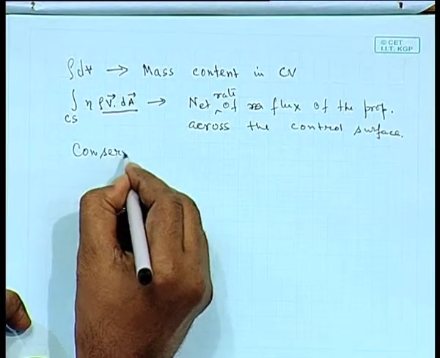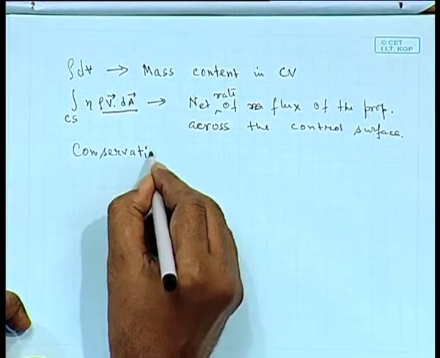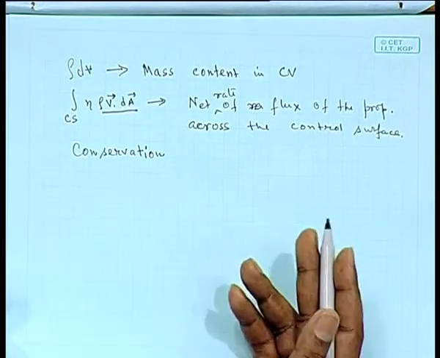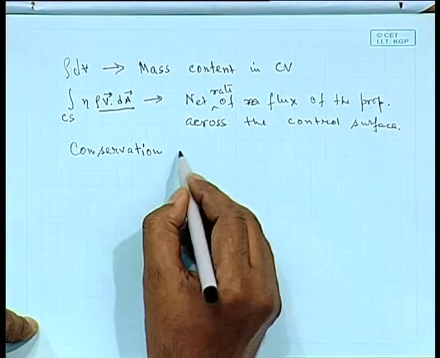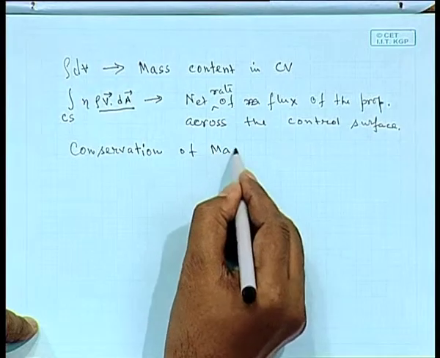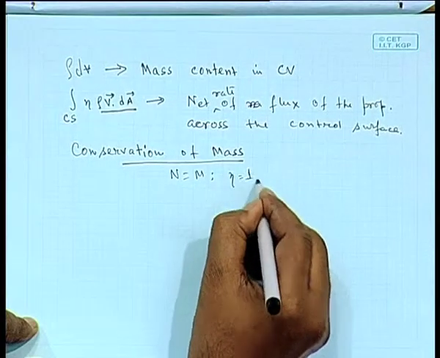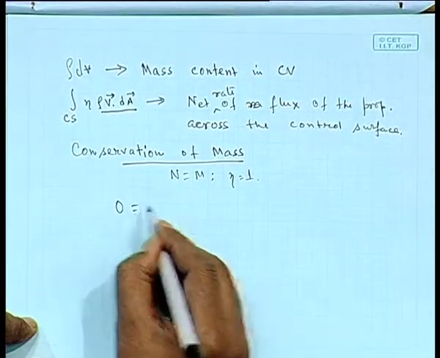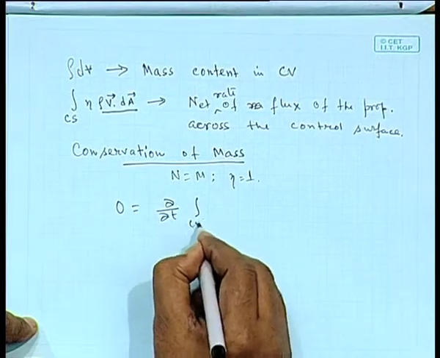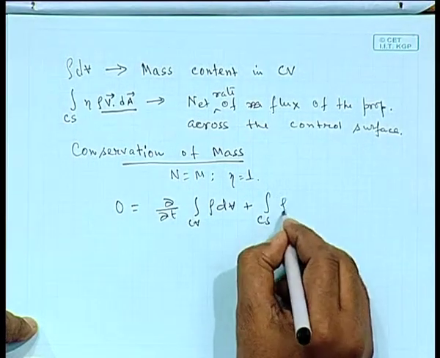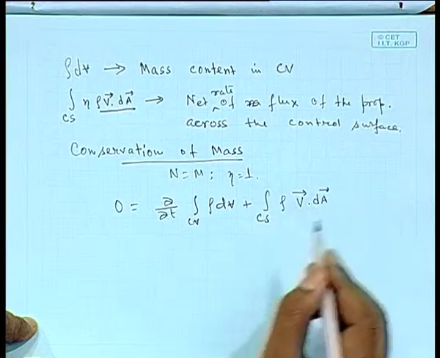So, conservation of mass or equation of continuity in the integral form. The differential form of the conservation equation of continuity is del rho del t plus del rho u del x plus del rho v del y plus del rho w del z is equal to 0, and this is basically the integral form of the conservation equation.